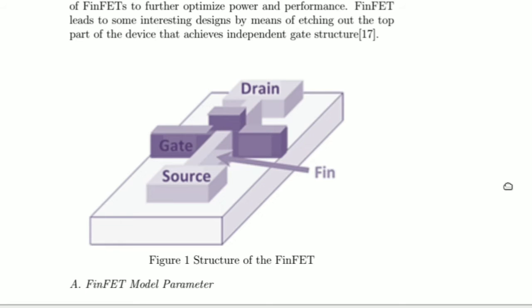And the source and the drain are connected to each other through something called a fin. You can see this fin-like structure, and the gate is deposited on top of the fin-like structure. So because of this, even if the channel length is reduced, because the gate encompasses the channel on all three sides, there's more electrostatic control, and that is why FinFET works better.